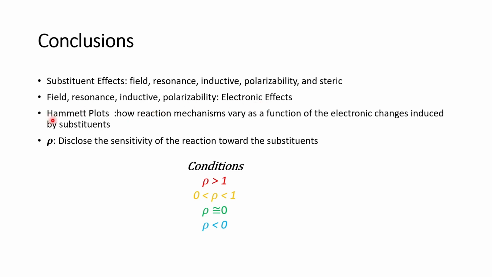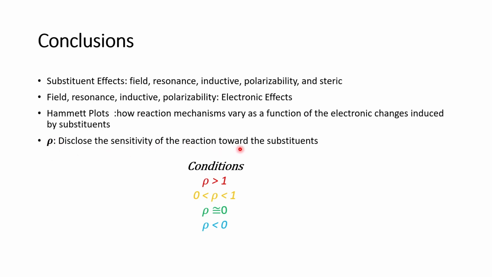To measure the electronic effect in certain reactions, there are some parameters, and we can plot Hammett plots to see how the reaction mechanisms vary as a function of the electronic changes induced by the substituent. Depending on the slope of this Hammett plot, we can tell about the mechanism of these reactions.